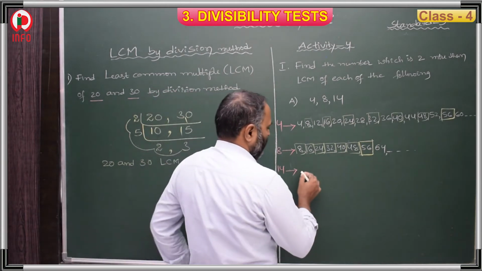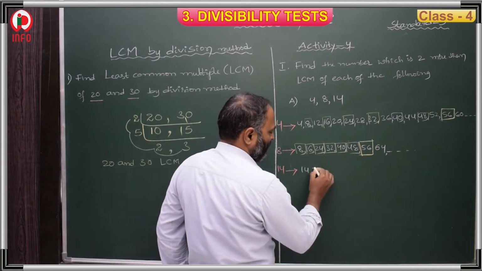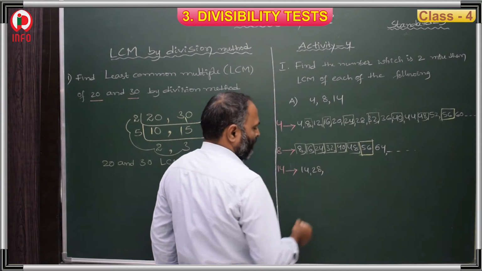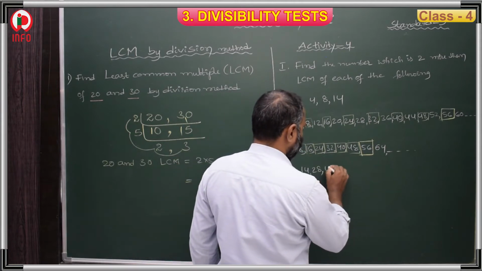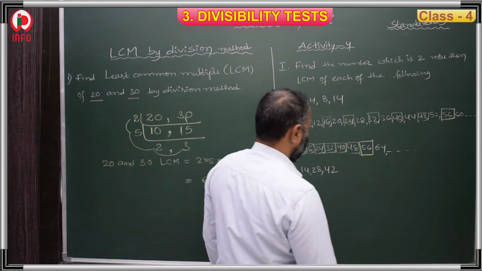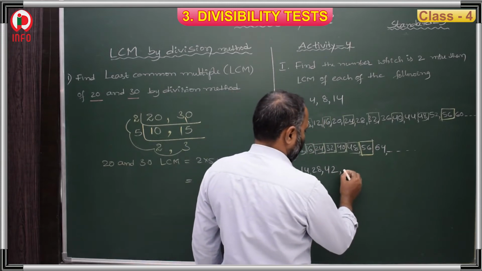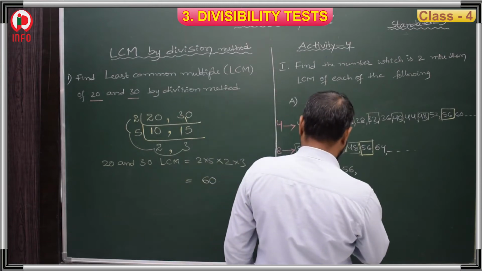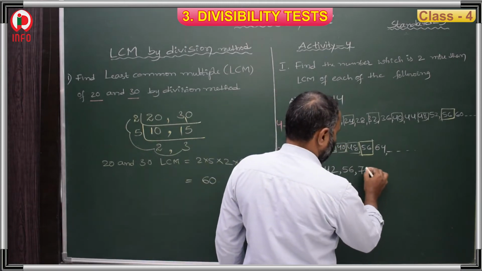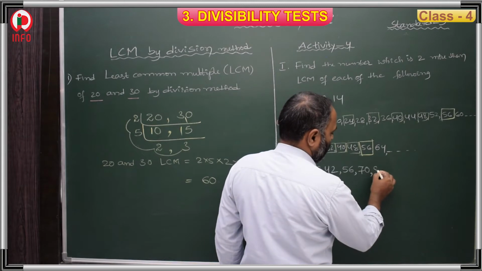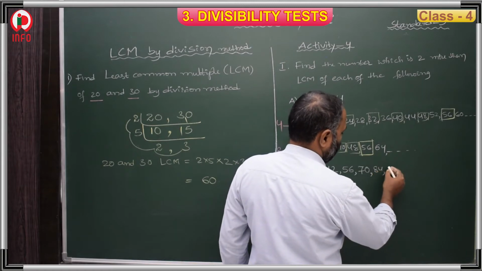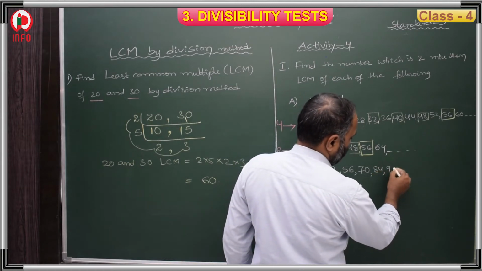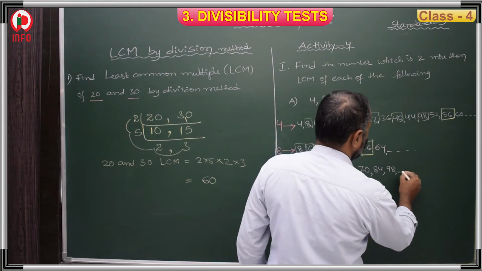14 ones are 14, 14 twos are 28, 14 threes are 42, 14 fours are 56, 14 fives are 70, 14 sixes are 84, 14 sevens are 98, and so on.